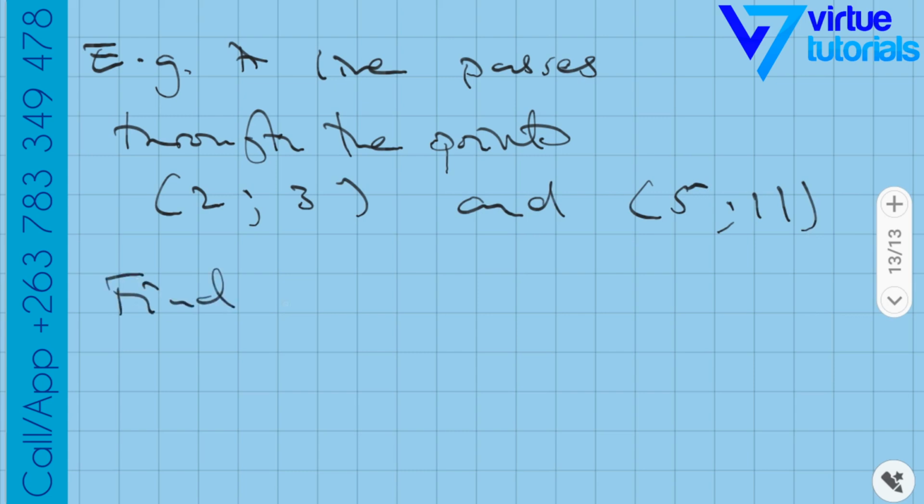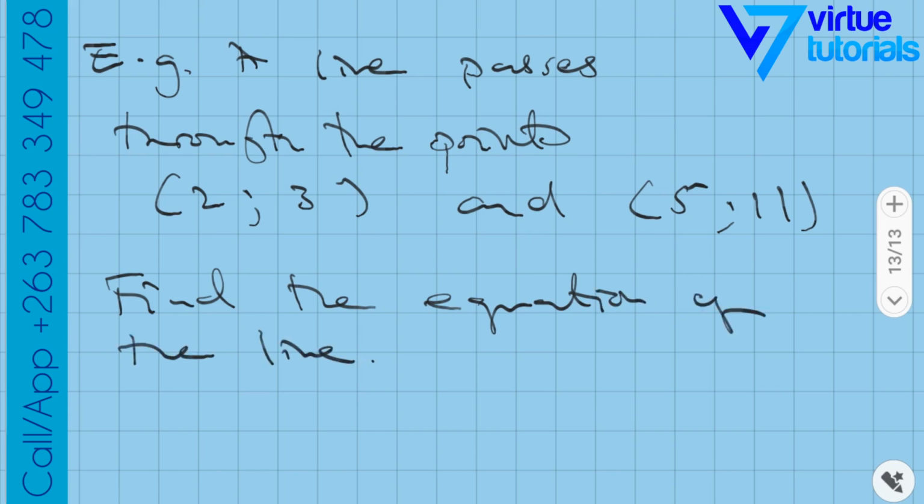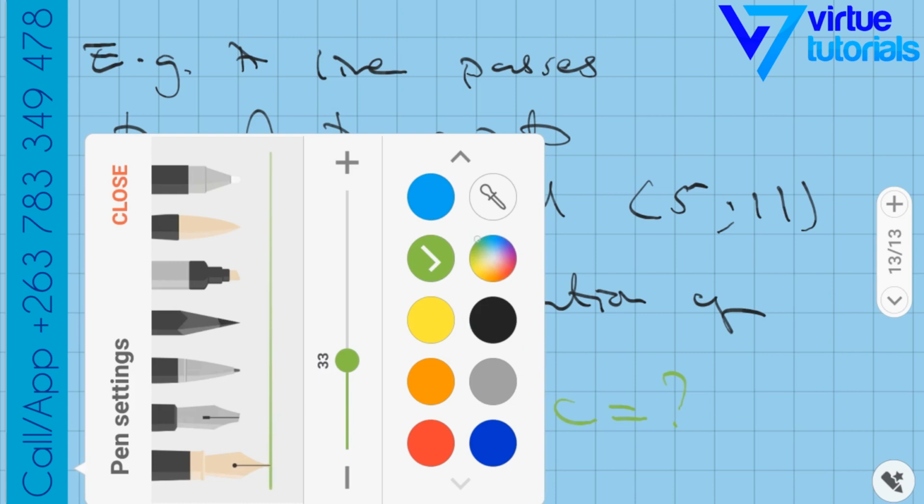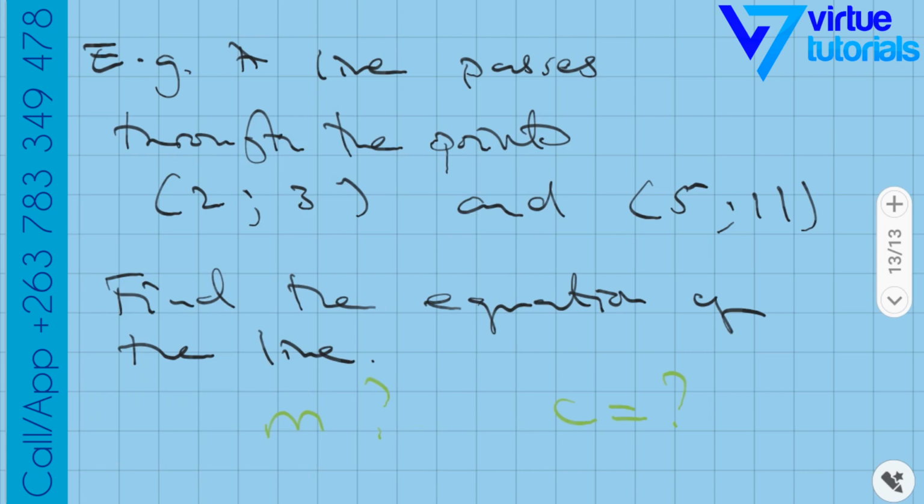Find the equation of the line, right? So now what we said earlier on was if we're going to find the equation of a line, we simply need to find the value of m and find the value of c.